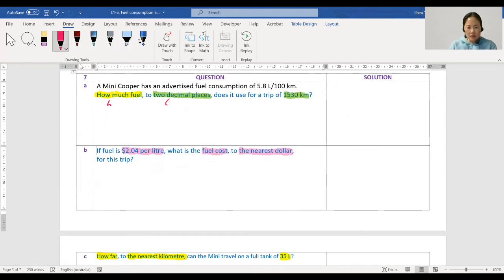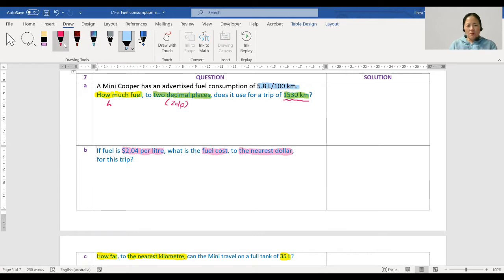The 2 decimal places we want, and it's traveling 1,530 kilometers. The important part is this information, isn't it? Every 100 kilometers uses 5.8 liters.